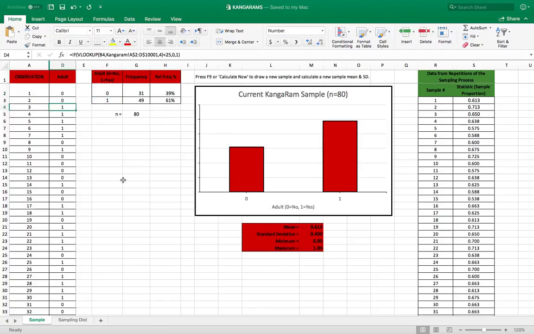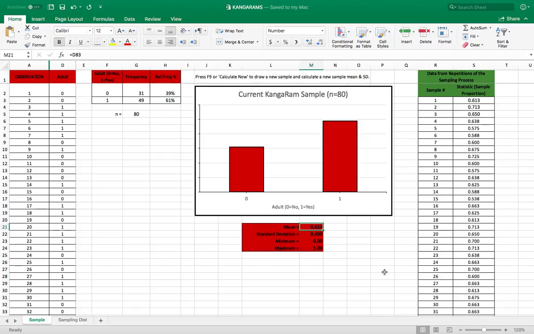In this particular sample, we have 49 adult kangarams and 31 non-adult kangarams. This brought our mean to 0.613.